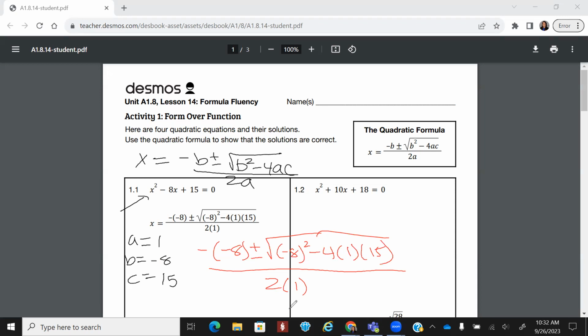All I've done was I took each one of these little variables and I plugged in that number in place. That's all I've done. Okay.